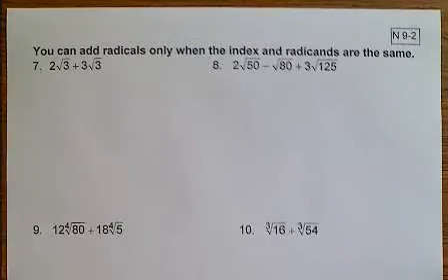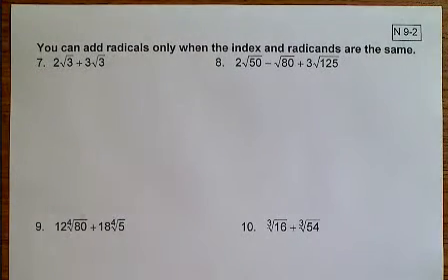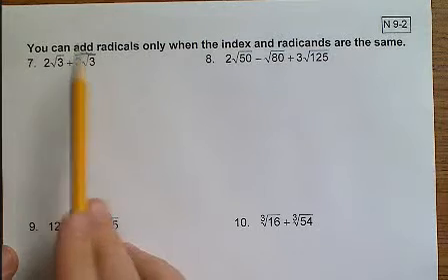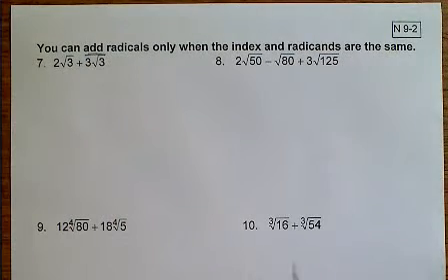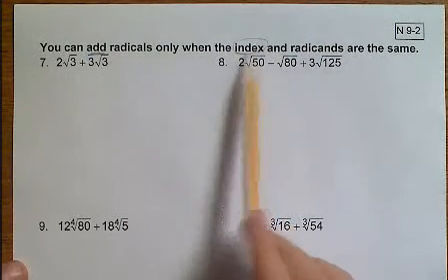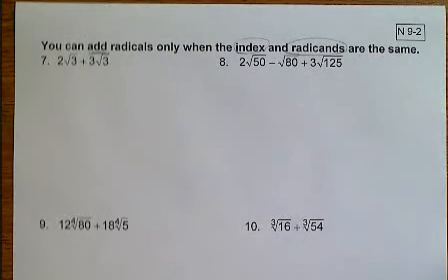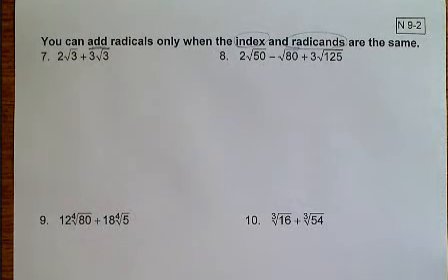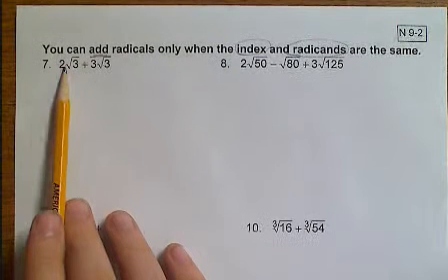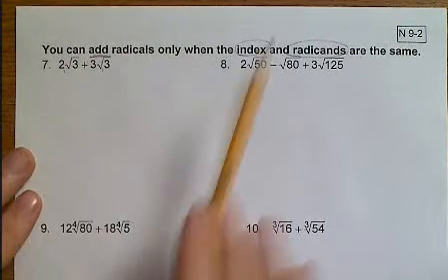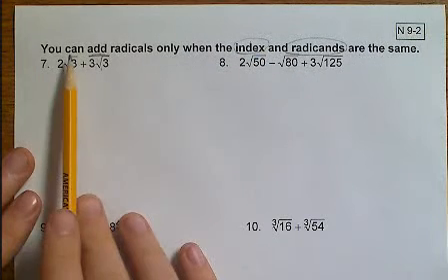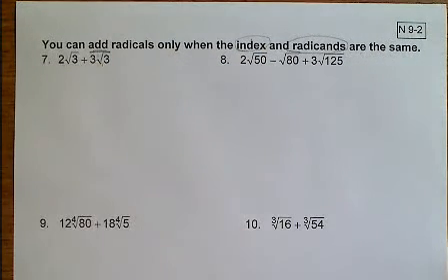All right. Here we're going to talk about adding radicals. But we can only do that if the index and radicand are the same. Let's take a look at this. I'm looking at these. My indexes, they're both not there, which means they're both 2's.